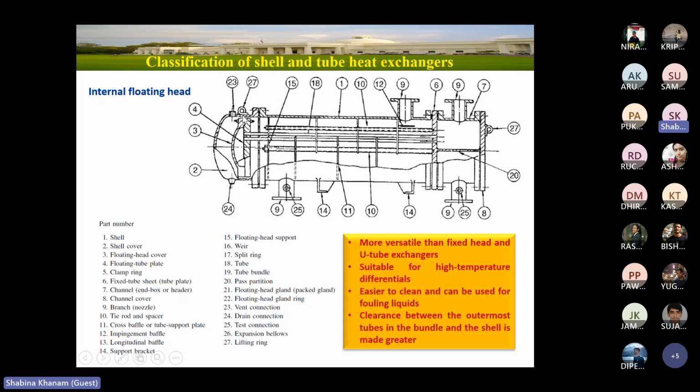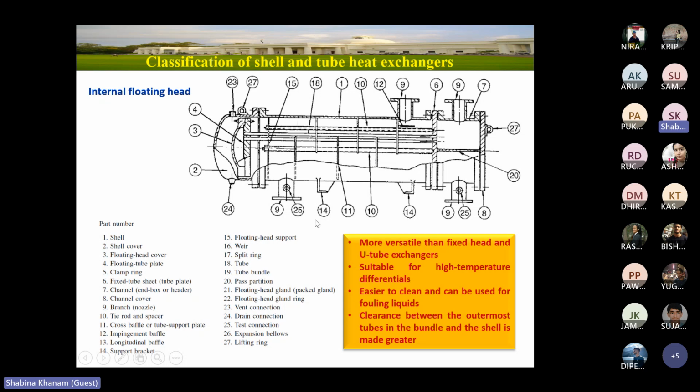And if I consider this cover, it has a particular diameter which is more than the diameter of this tube sheet, and the diameter of the shell will be of the same order as this cover.